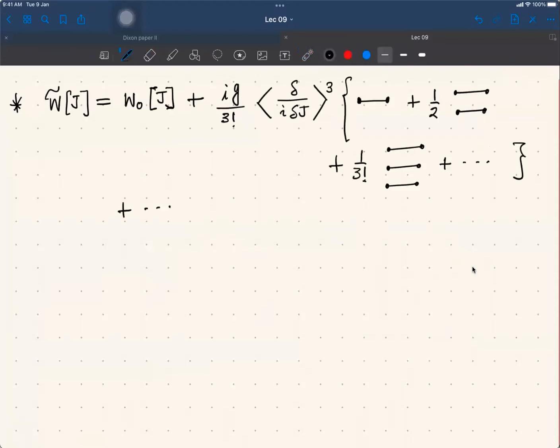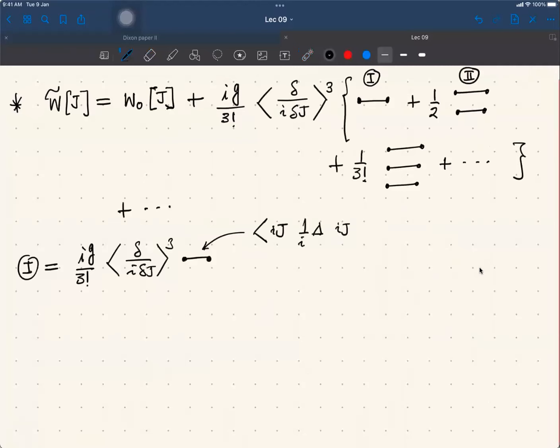So let us calculate. So let me call this 1, this is 2, and let us calculate 1. So 1 is Ig by factorial 3 del over del J cube acting on this. But you see, this has 2 factors of J. This is nothing but Ij 1 over I delta Ij.